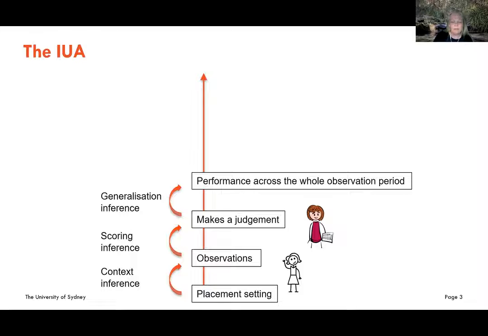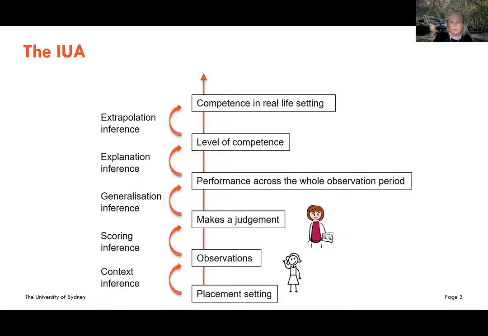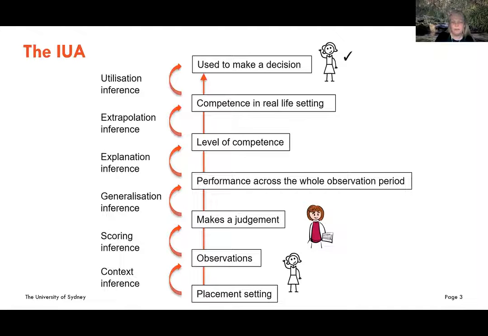This judgment reflects the student's performance across the whole observation period, and from this judgment, we can infer competence. Next, this judgment predicts competence in a broader real life setting, and therefore the judgment can be used to make a decision about a student's readiness for entry-level practice.